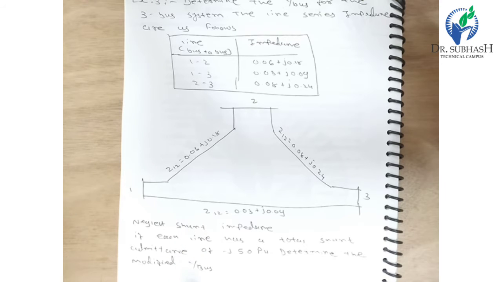In this example we will represent the modified Y bus system. In the given example, the impedances are given, so we need to convert them into admittances by taking the inverse.